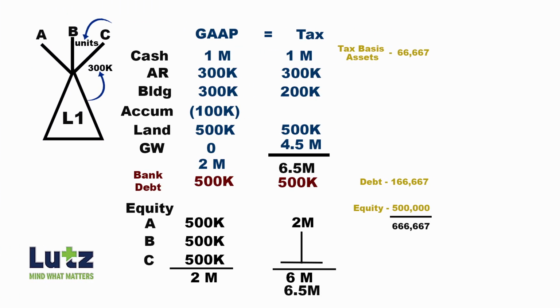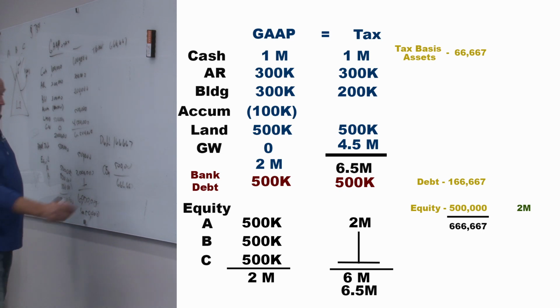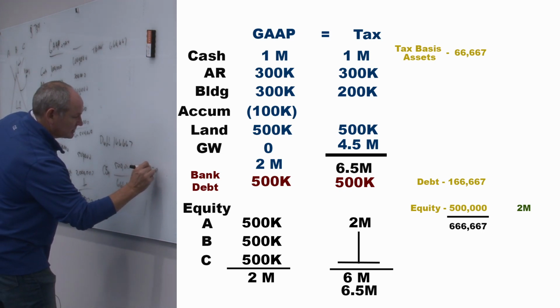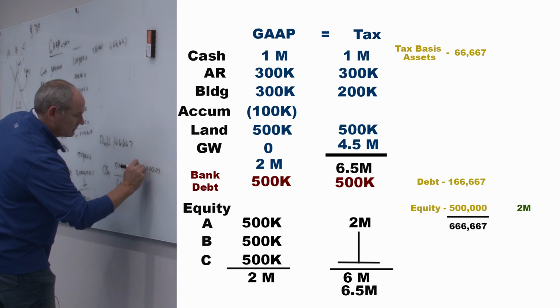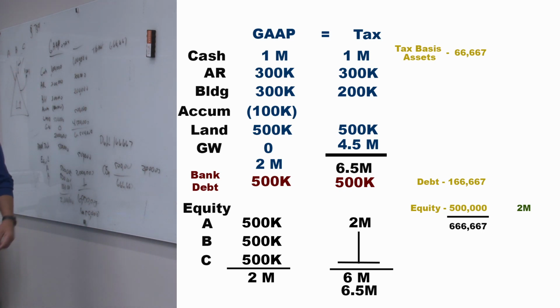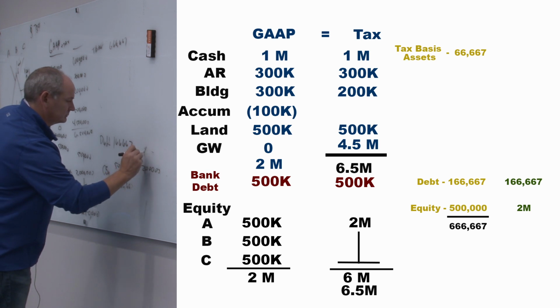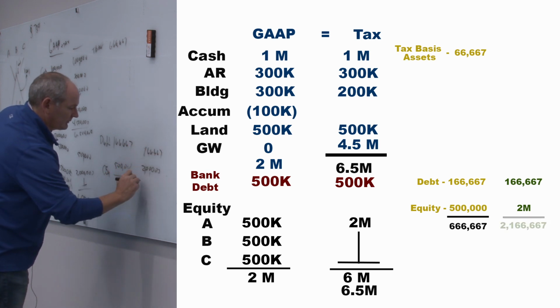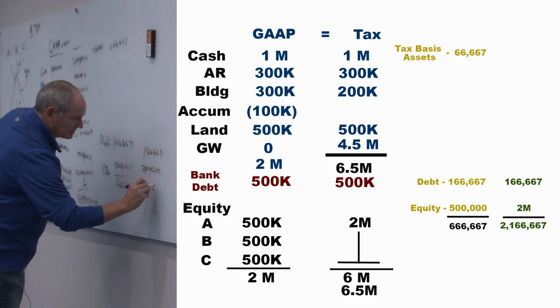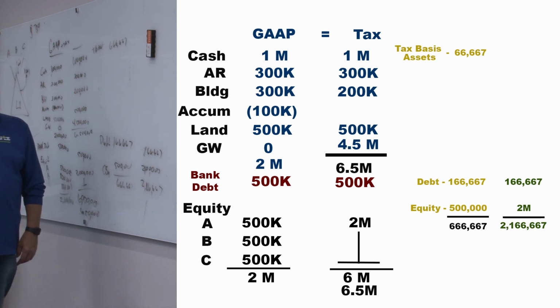Okay. Sam is willing to buy this interest for $2 million. Is that what we said? So we're going to use the same procedure. Equity section is $2 million, correct? We add liabilities to it, don't we? For 2,166,667, correct?